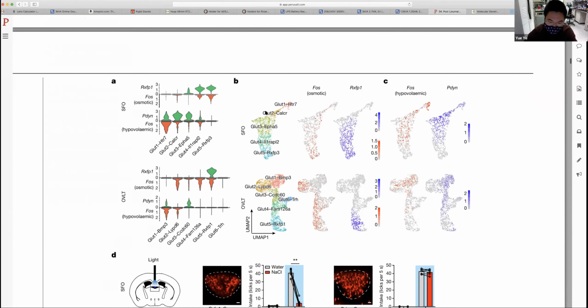Sorry. I think it's both, because RXFP1 seems to be in both regions, right? Yeah.